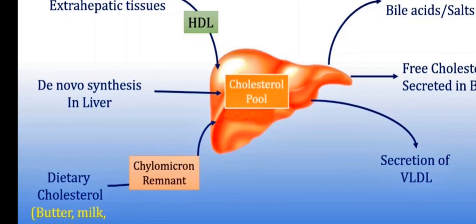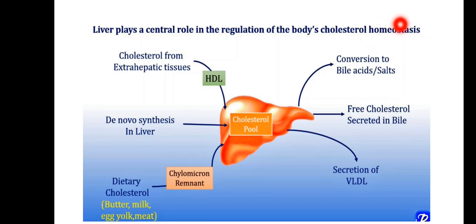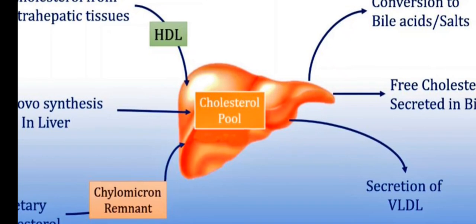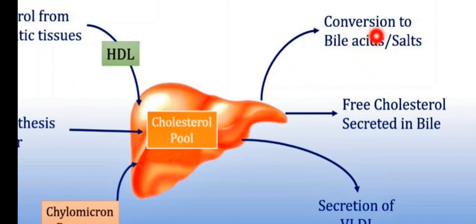Now, remember we said that the liver must maintain homeostasis. You just don't want a situation whereby you're forming cholesterol and it's not being used. The liver is going to be full of cholesterol. So you don't want that situation. What the liver is going to do is that this cholesterol that it's getting from the HDL, from the diet, and also from de novo synthesis from acetyl-CoA, it can use to form bile acids and bile salts.